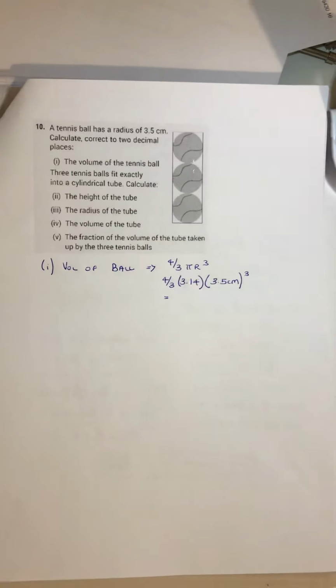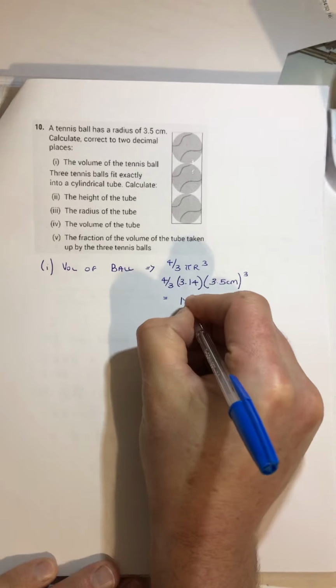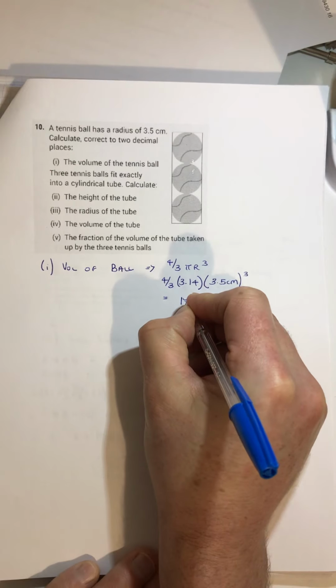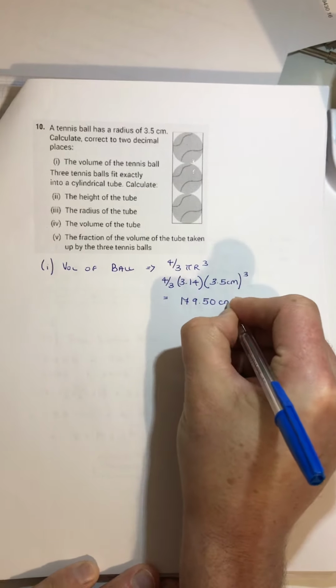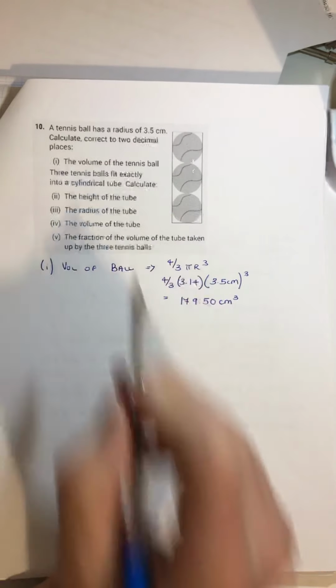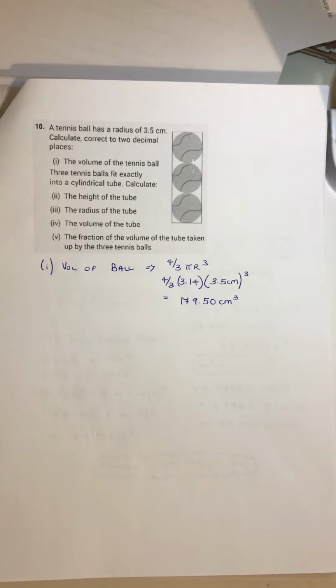So on our calculator, 4/3, 3.14 multiplied by 3.5 cubed gives me 179.50 centimeters cubed, correct to 2 decimal places. So the volume of the ball is straightforward enough.